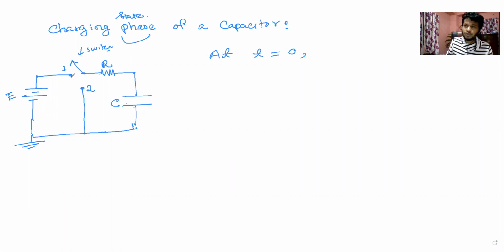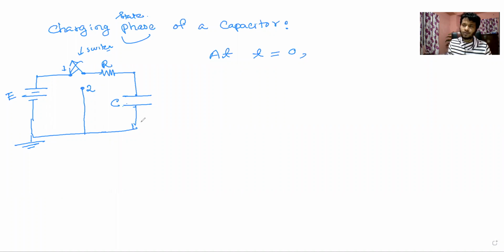We have actually two positions here. One is position number 1, another one is position number 2. Suppose we move this switch to position number 1. So of course this switch will get closed, isn't it? At time t equals 0, this switch will get closed with the position number 1.